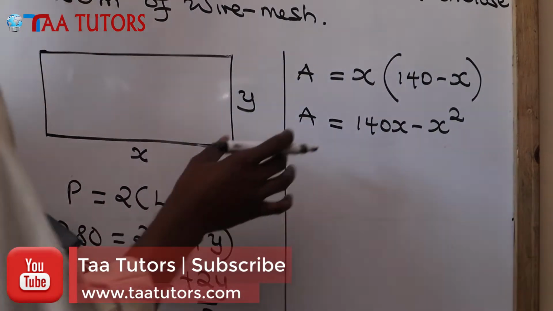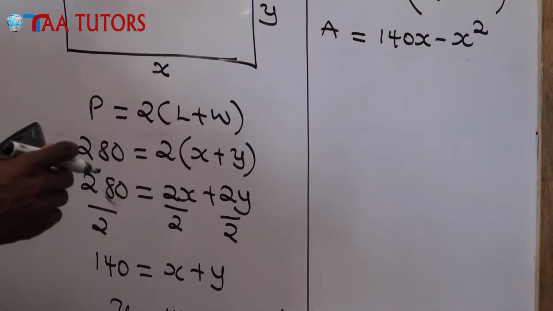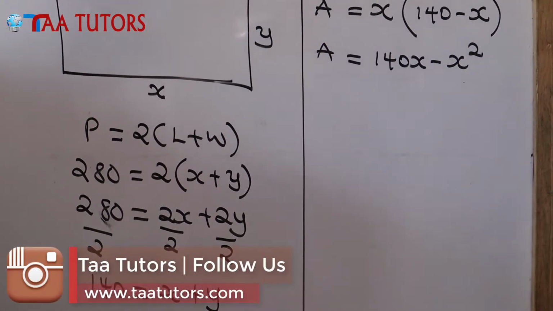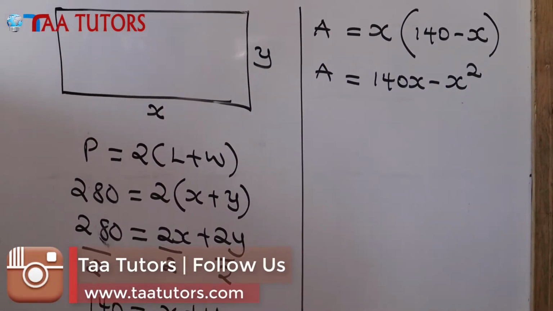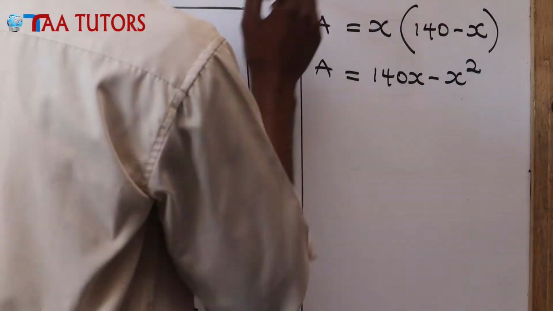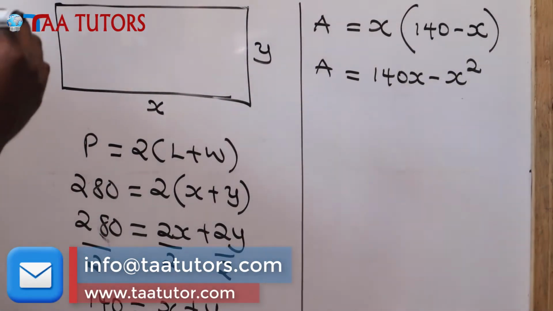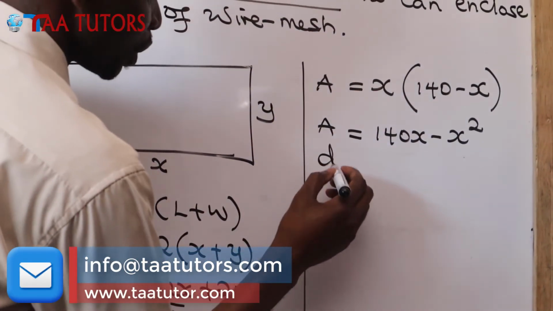This is the area of the enclosure, and we want to determine the value of x that will give the maximum area. You know that at maximum area, or at turning points, dA/dx will be 0.